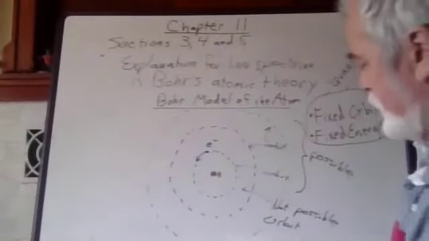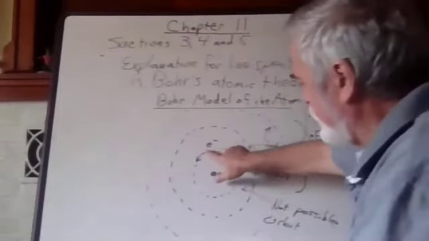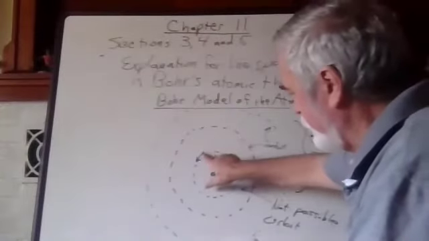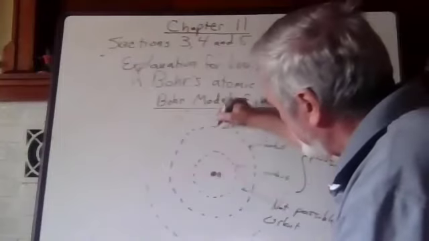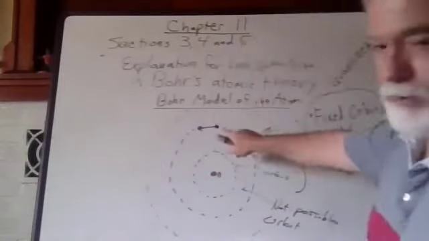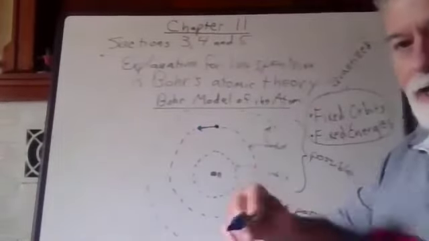So let's say my electron, instead of being right there, moving around, let's say it's out here. And it would have gotten there by absorbing some of that energy that I showed going in the box, that jagged line.